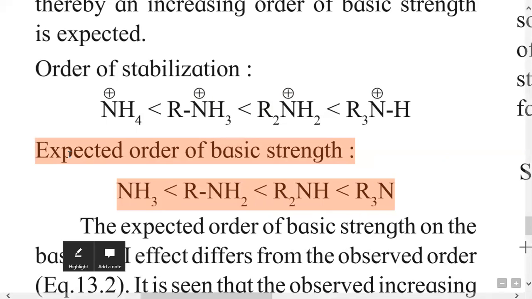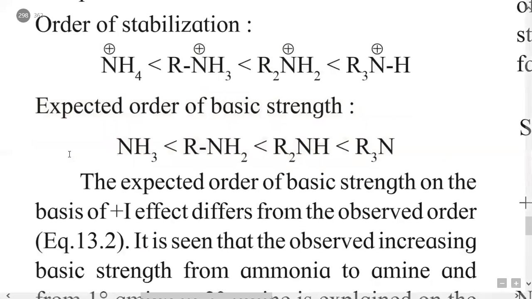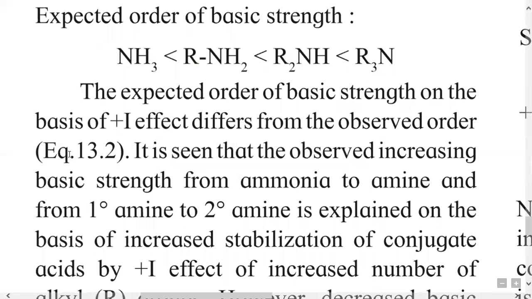So this is the stabilization and basic strength on the basis of the conjugate acid. The expected order of basic strength on the basis of the plus I effect differs from the observed order.